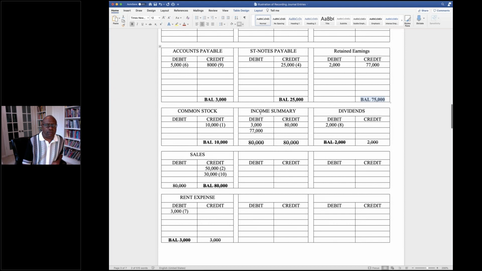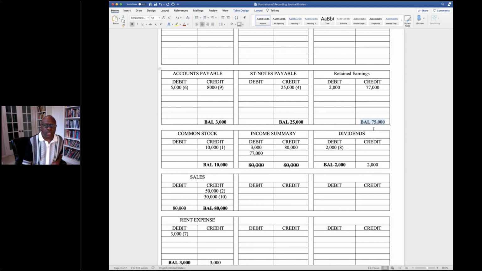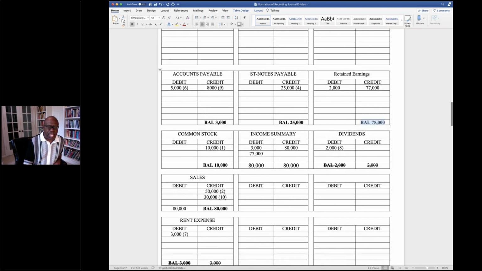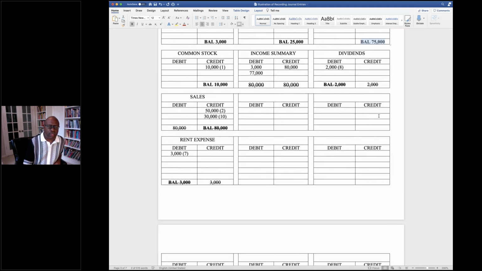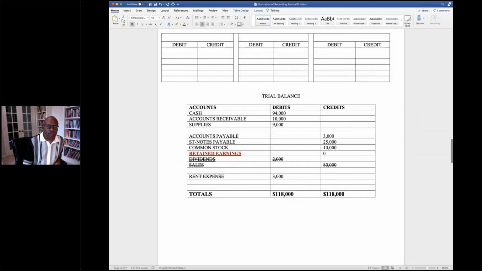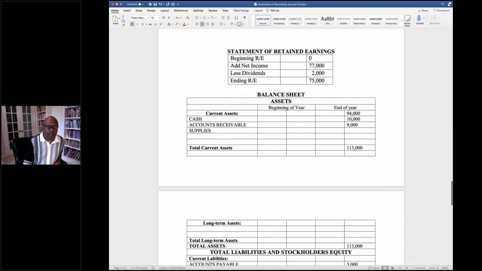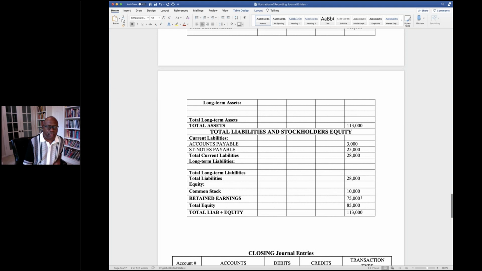So the accounts from income summary, dividends, all revenues and expenses are temporary accounts. They're closed out. And once the closing entries are made, instead of retained earnings having a zero balance, it now has the appropriate $75,000 balance, which is what we see on the balance sheet.